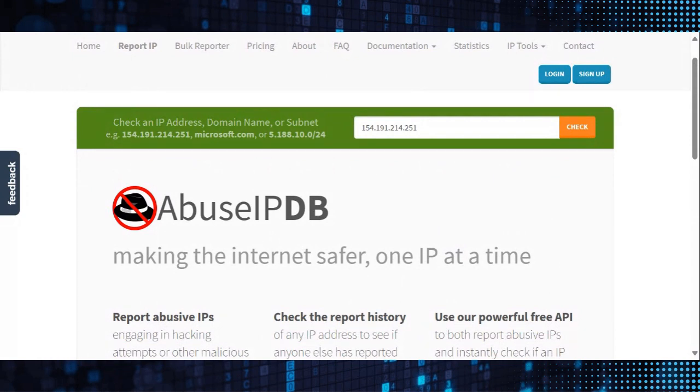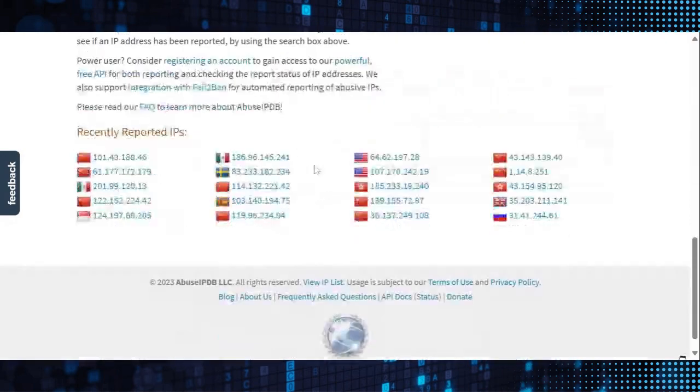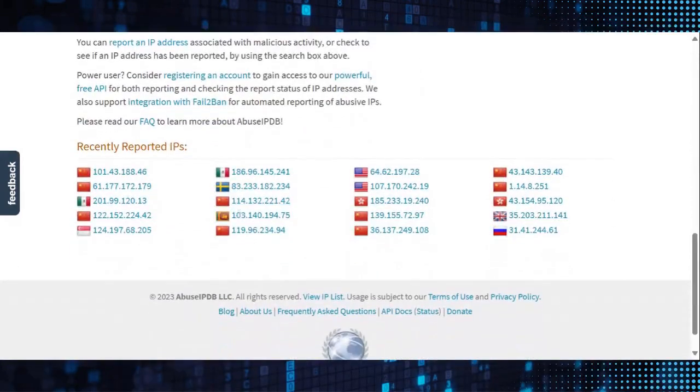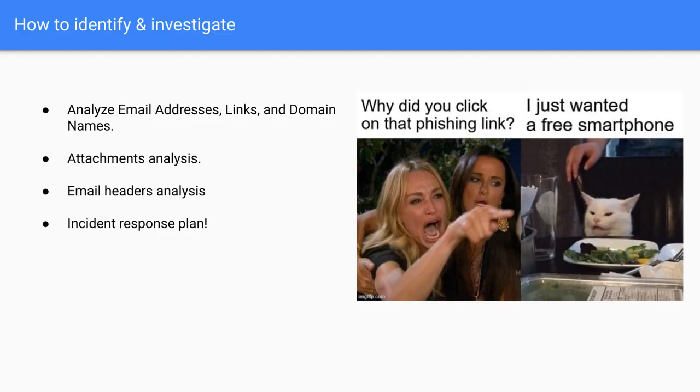So if any of these IPs or domains is suspicious and reported for sending phishing emails, we can use these websites for looking all of them up. So this is regarding the address, IP, and domain that sent the email.